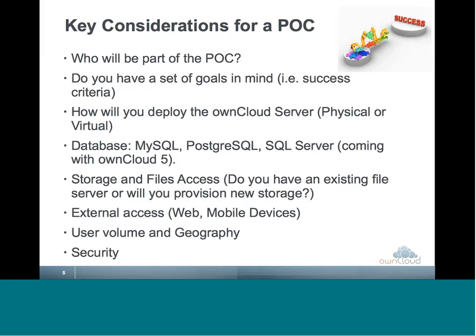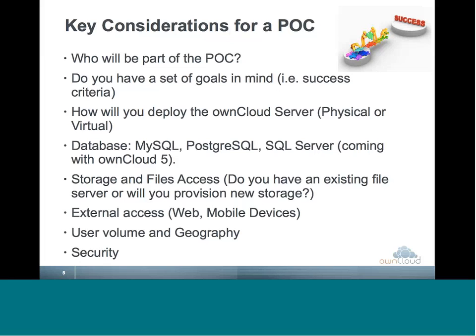Then we get into the technology pieces. So how are we going to deploy the ownCloud server? And for most of you, it'll come down to a choice of either on a physical box or inside of a virtual machine. And for those of you deploying inside of a virtual machine, the ownCloud appliance then becomes a potential option for you for this particular deployment. We also have to make a decision around the database.